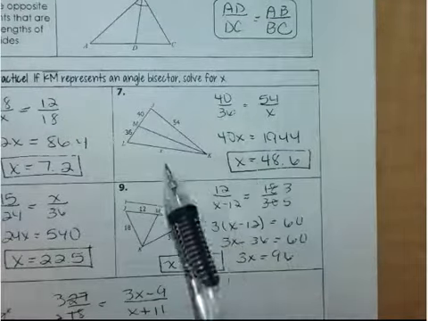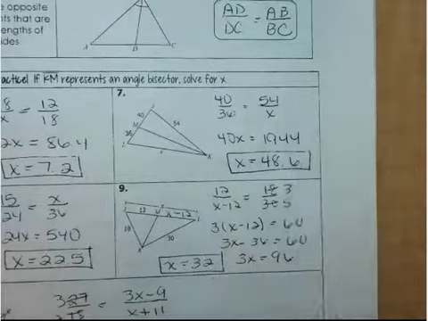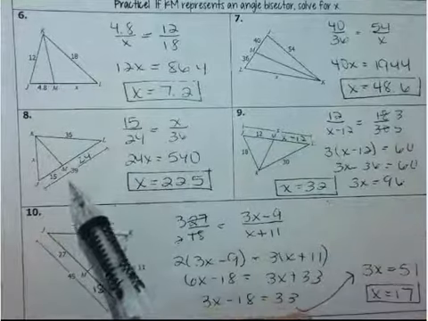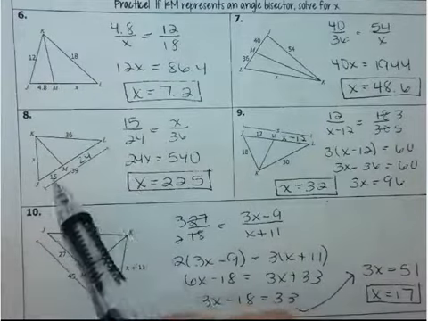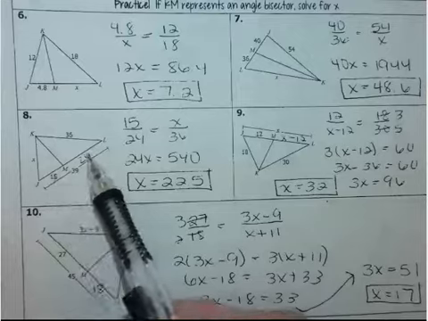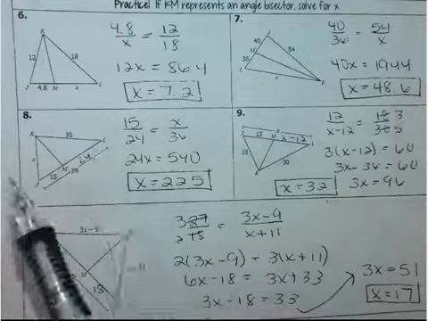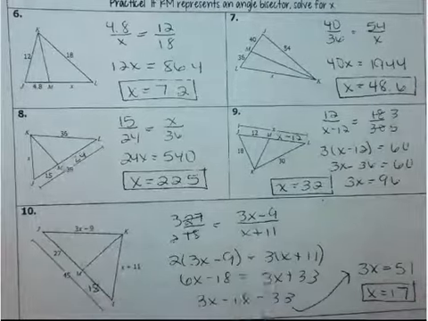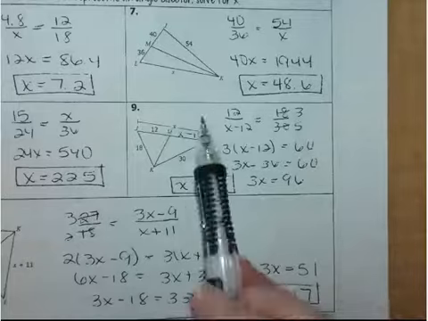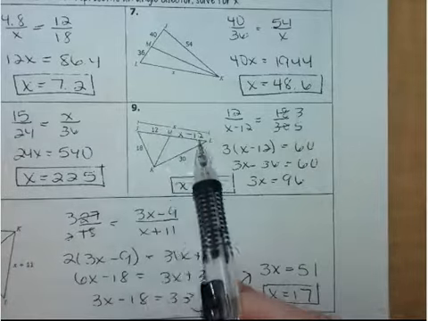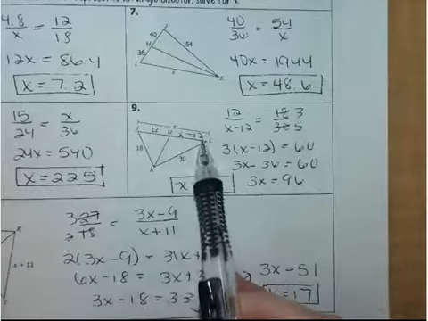Okay, number 7 is pretty straightforward. Number 8, here you just had to solve and put in some missing information. If the whole thing is 39, that's 15, that's 24. So you've got 15 is to 24 as x is to 36. I think it's kind of helpful to trace it with your finger as you go. Solve for x. Over here, if this whole thing is x, and that's 12, then we're going to call this little segment here x minus 12.